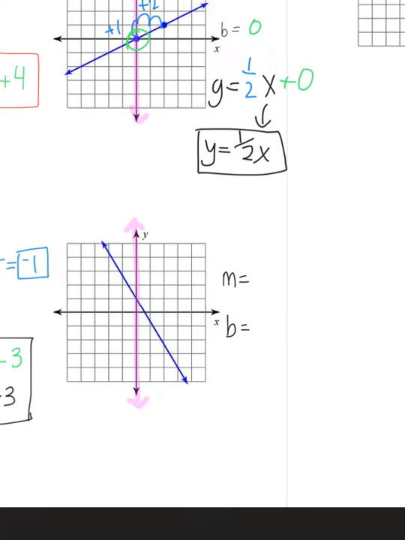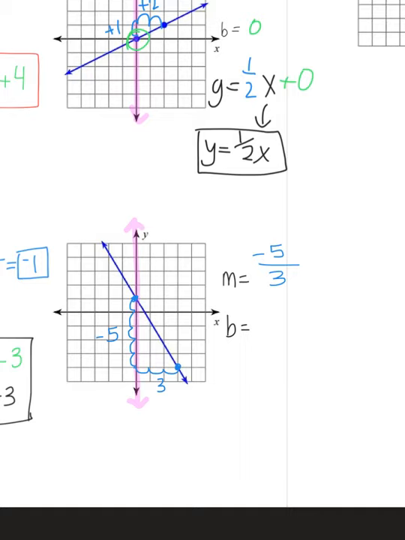My slope here, this one doesn't give me points, so let's see what would work, that one and way down here. Okay, starting at my left point, rise 1, 2, 3, 4, 5. I went down 5, so negative 5. Then 1, 2, 3 to the right, so positive 3. A rise of negative 5 and a run of 3.